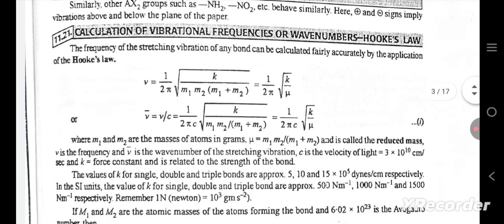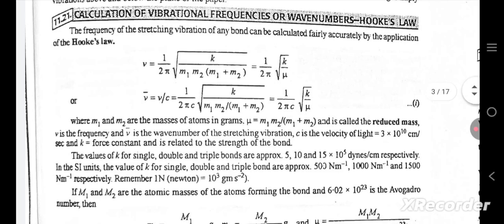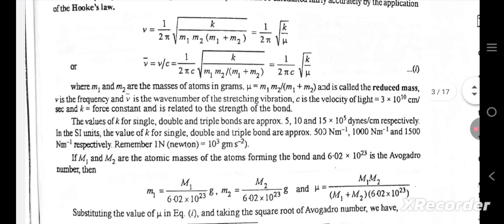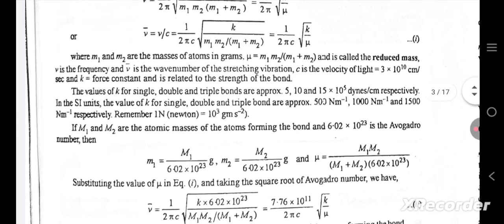Calculation of vibrational frequencies or wave numbers, Hooke's law. The frequency of the stretching vibration of any bond can be calculated fairly accurately by the application of Hooke's law, where m1 and m2 are the masses of atoms in grams and mu is called the reduced mass. Nu is the frequency, nu bar is the wave number of the stretching vibration, C is the velocity of light, and K is the force constant and is related to the strength of the bond.